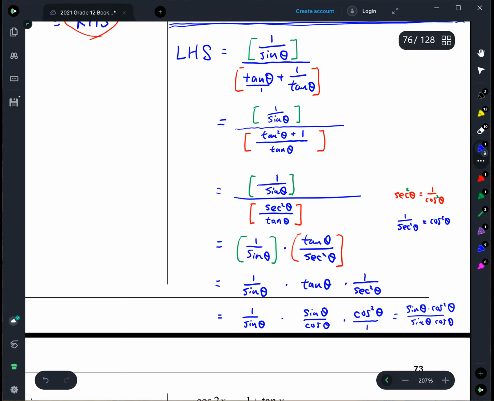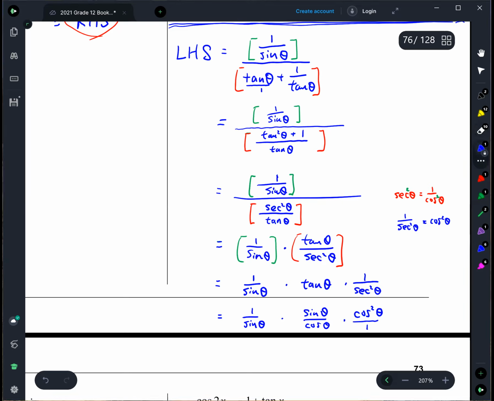Yeah. And what can we do after that? Just divide it. So when the sine cancels out and then the cosine cancels out, you just get cosine. Yes, okay. So once you have the multiplying there, very good, Marcus. So you don't need to do one more step by writing the same thing again if there's not much change.